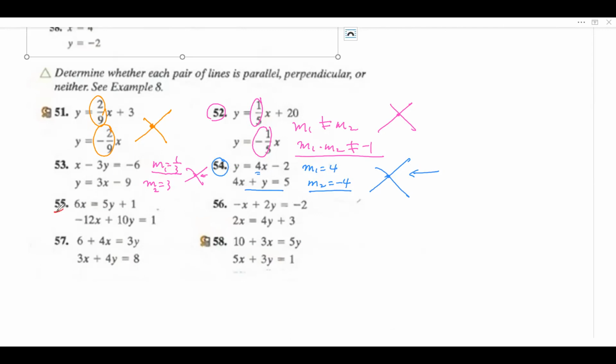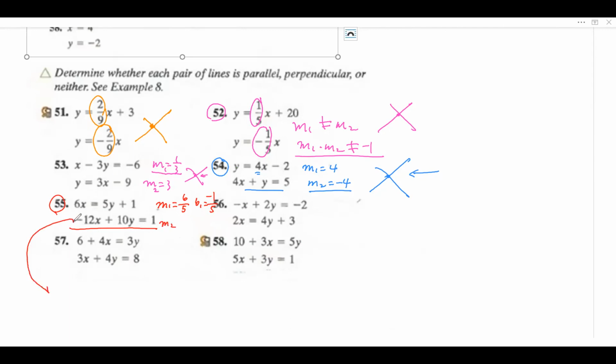Let's see 55. So what about the slope of this one? The slope of this one is 6/5, right? And what about B1? B1 is -1/5, right? All right, let's see this one. The slope M2.